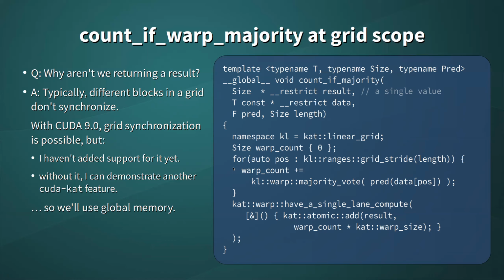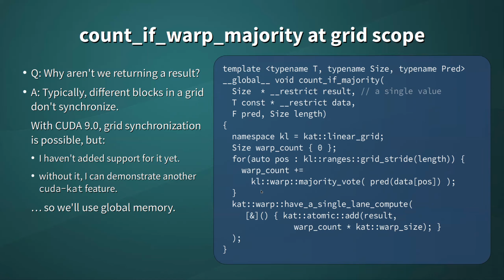In the block scope, we had a value for each of the warps, and we wanted to share those, and we shared those through shared memory. We could actually also have used atomics in shared memory if we wanted to. But in global memory, since we have a single result and we don't have any scratch space, what we're going to do is just add up the warp results.